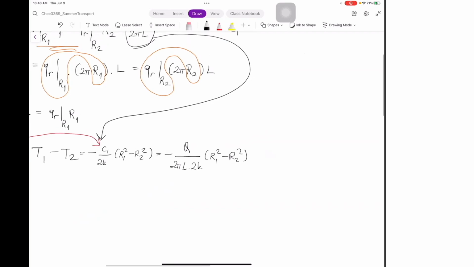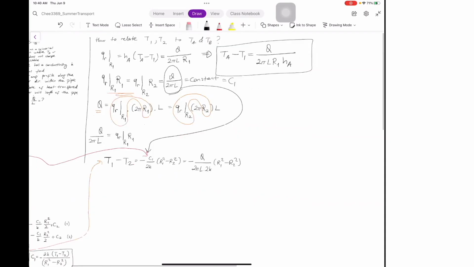Now, here I wrote down the difference in terms of Q's. Here also I wrote down the difference in terms of Q's. Let's call this 1. Let's call this 2.